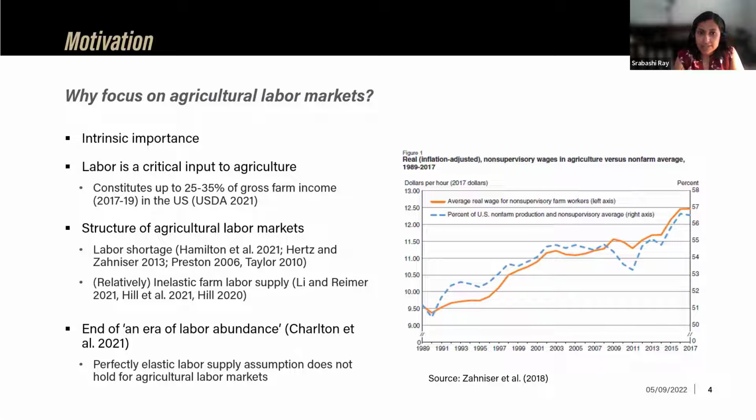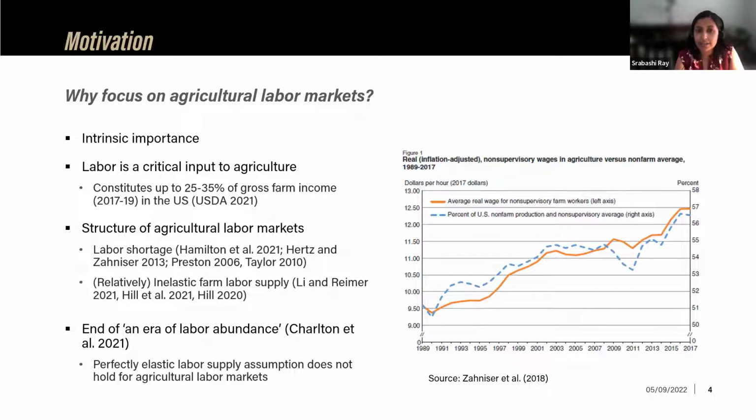More recent studies which have tried to estimate the farm labor supply elasticity have shown that agricultural farm labor supply is relatively inelastic. So the numbers that these studies have come up with range between very close to 0 to 0.8.